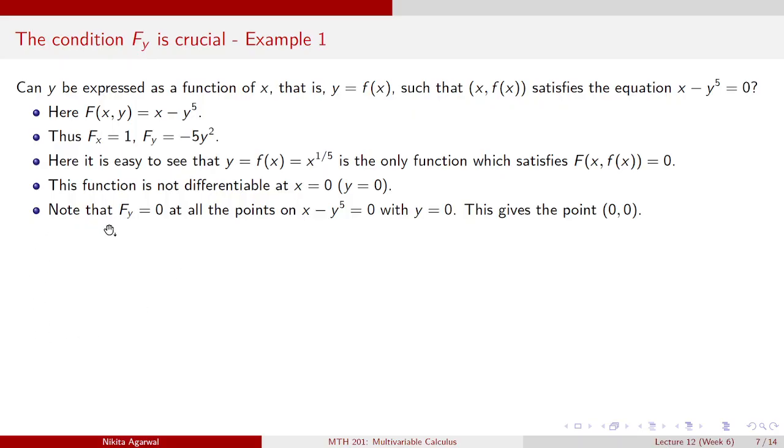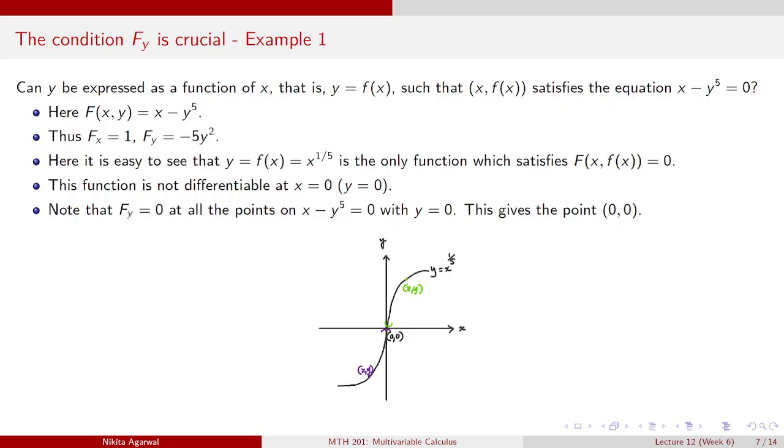And note that F_y is 0 at all the points with y equal to 0, right? So when is F_y 0? When minus 5y square is 0, meaning y is 0. But that also means x is 0. So when you look at the graph of this function, the level curve basically of this function at 0, then you see a problem, right?